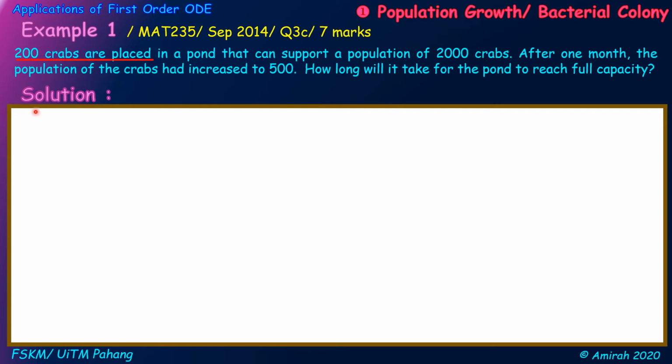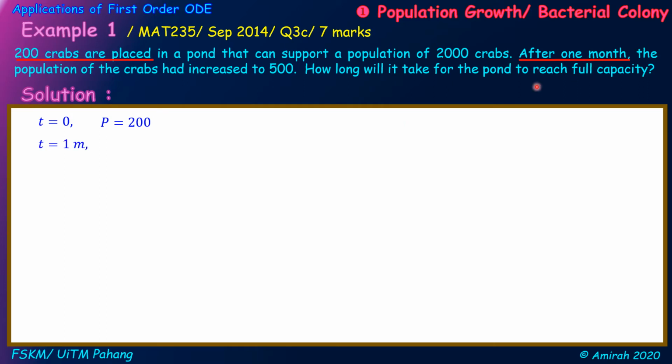First, we extract the information and write T for time and P for population. We are given 200 crabs, so we can write time T equals 0, population P equals 200.